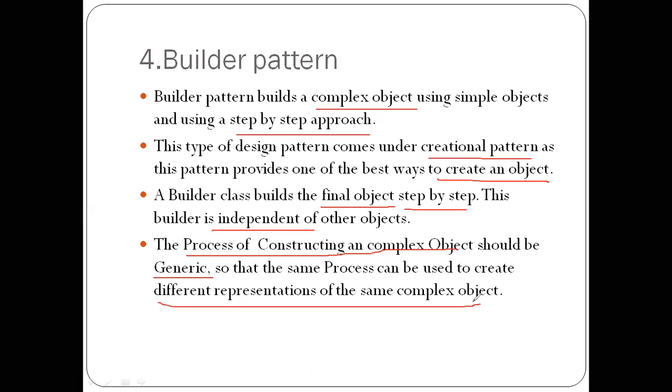If you want to build one complex object, we gather multiple simple objects or components and insert them into one place, then we get a complex object. Whatever process we use to insert those components should be a generic one.